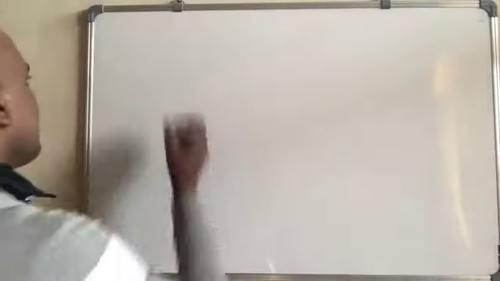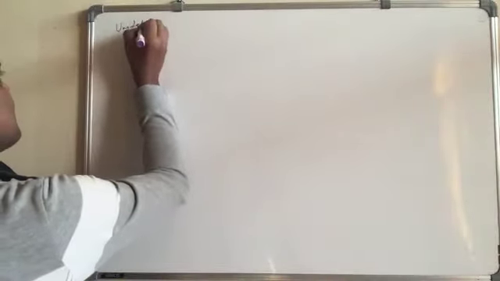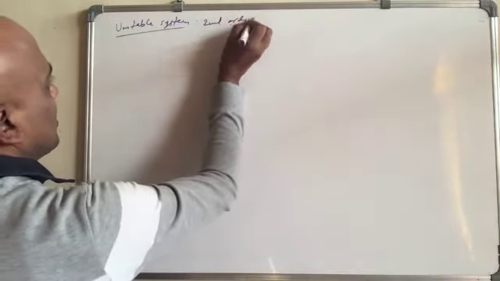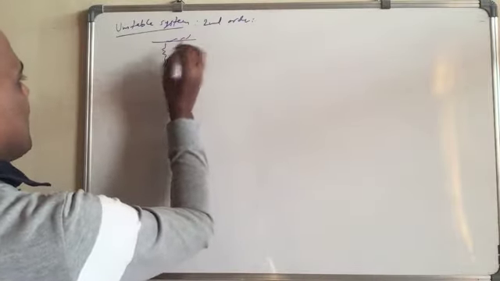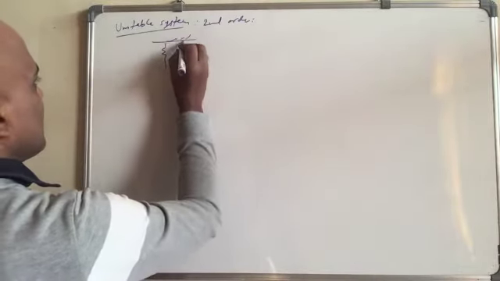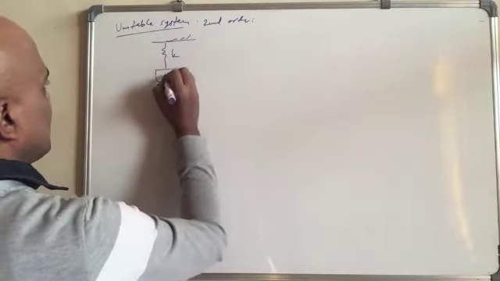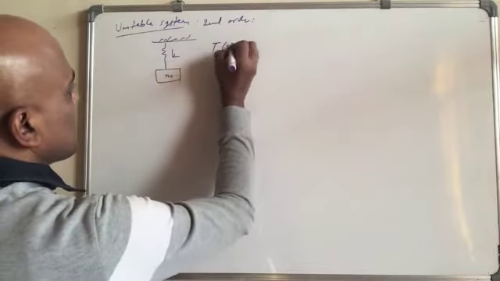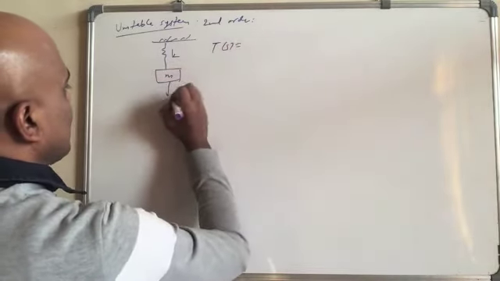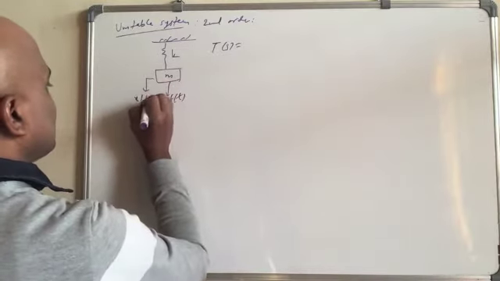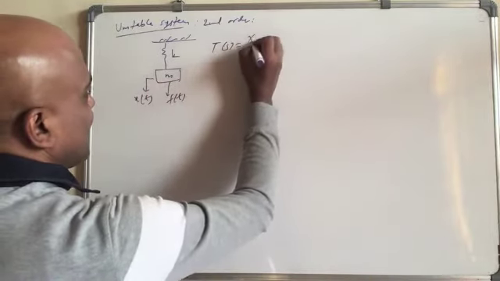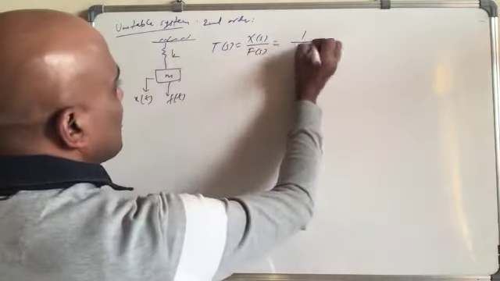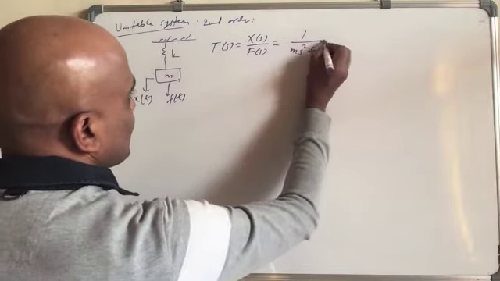For the second order unstable system, it will be like a spring and mass system, k and m, that's it, nothing else. Hence what you get in this case, T(s) equal to, this is F(t) and X(t), X(s) over F(s), will be given by nothing but 1 over ms squared plus k.